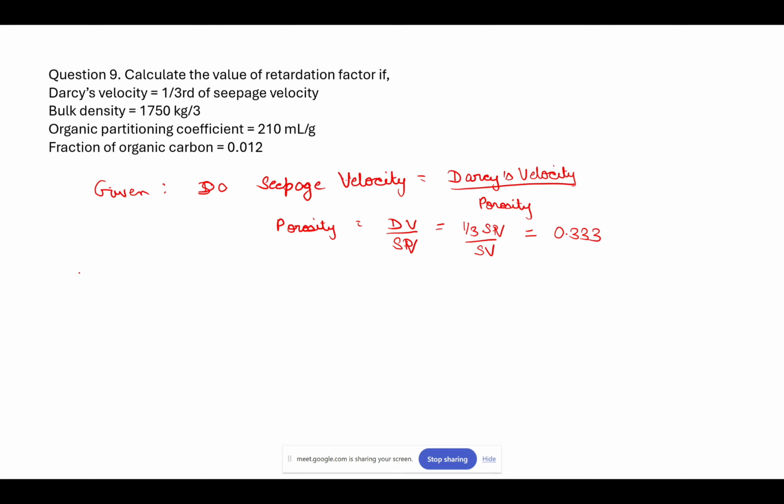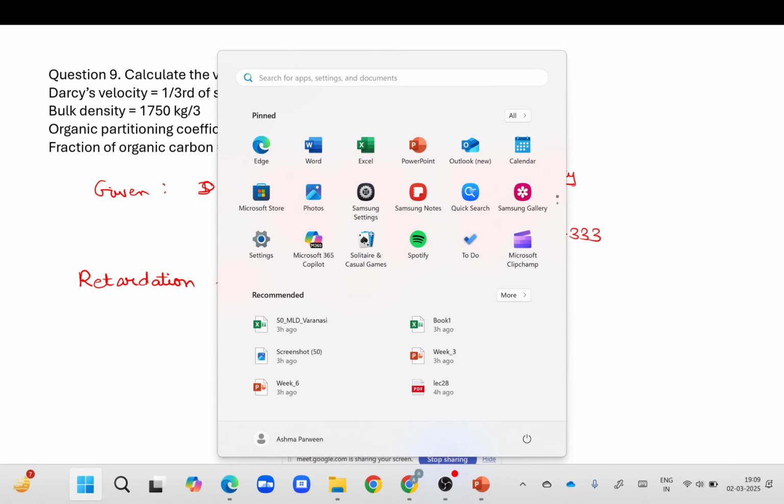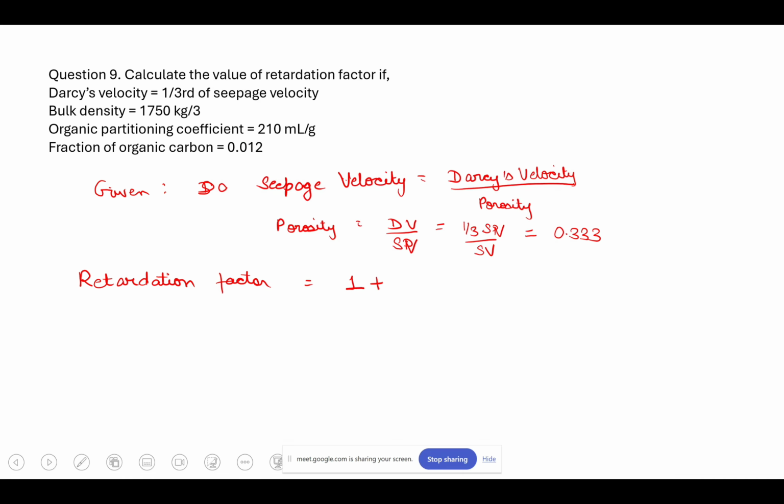Now let's write the formula for retardation factor. Retardation factor is given as 1 plus bulk density into partitioning coefficient divided by porosity.